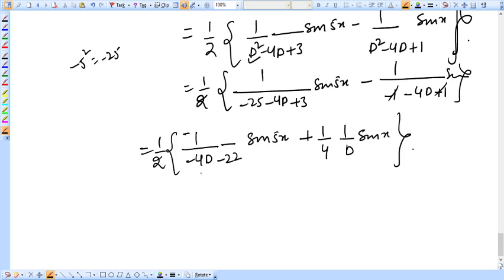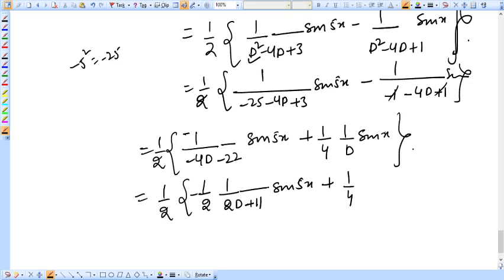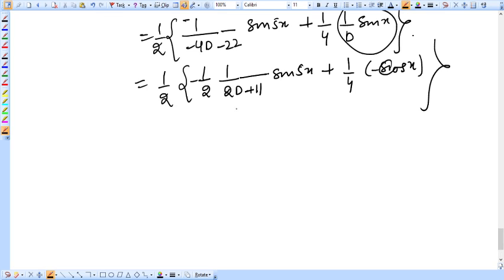Okay, 1 by 2, I can take minus sign outside, and 1 by minus 2, so I'm left with 2d plus 11, right? Sin 5x plus 1 by 4, so integration of this, okay, because 1 by d stands for integration, so integration of sin x is equal to minus cos x. Okay, so now we need to solve first part only.